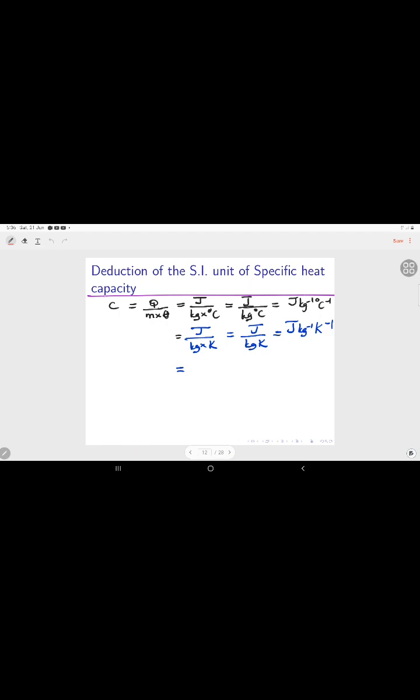Why are we writing this? Look at this one. It is from the basic SI form. We know that joule, the basic SI of joule we learned was kilogram meter squared s to the power of negative 2. Over kilogram times Kelvin. Okay. So that the kilograms will go, they will divide, and what do you end up getting? Meter squared s to the power of negative 2 per Kelvin.